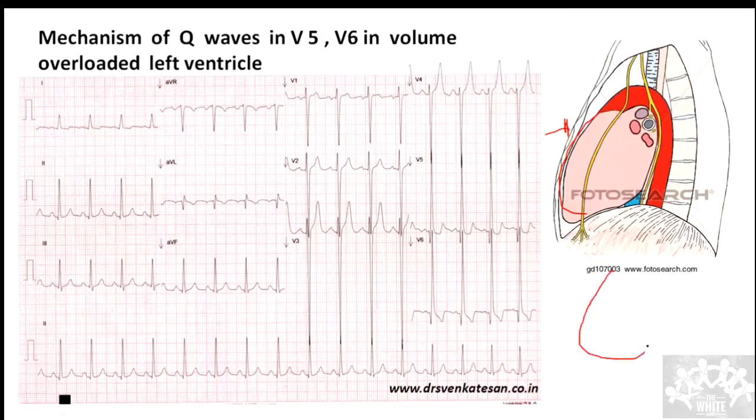Because of the regurgitation, the ventricle comes anteriorly, and along with the hypertrophy there is also some blood inside the cavity. Both of these together are sensed by this electrode.